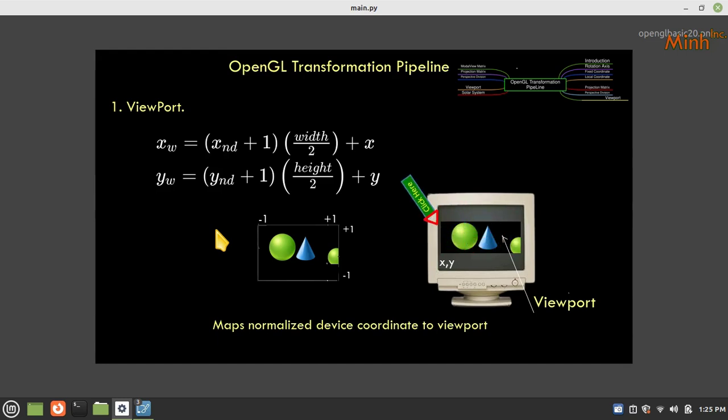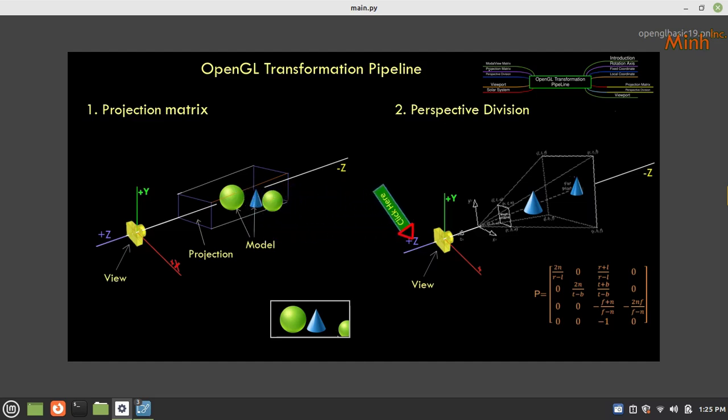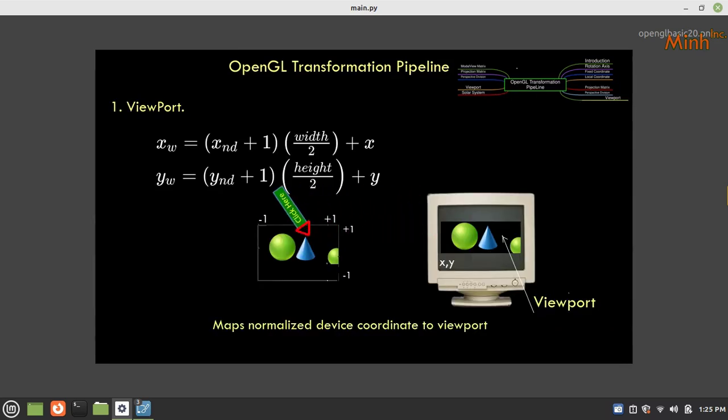In that sense, I have received from the previous computation this normalized output, in the sense that all the coordinates are in -1 to 1 for x and y. So x is -1 to 1, y is -1 to 1.